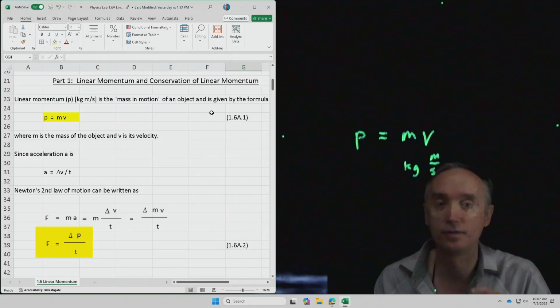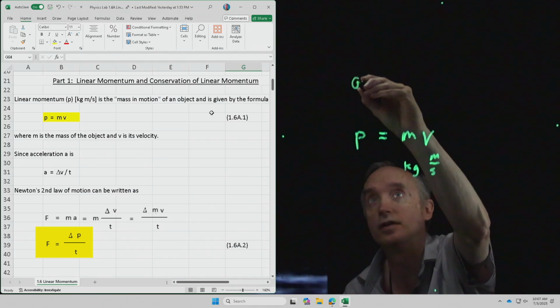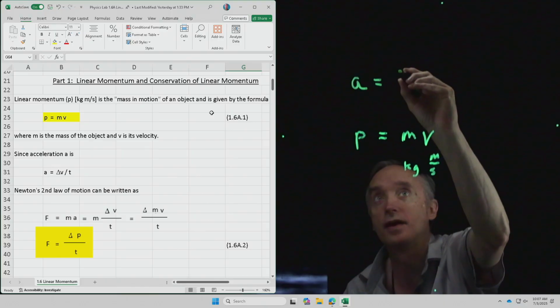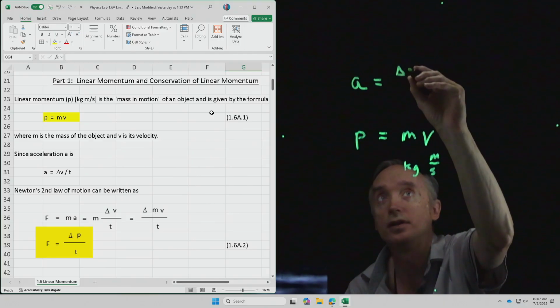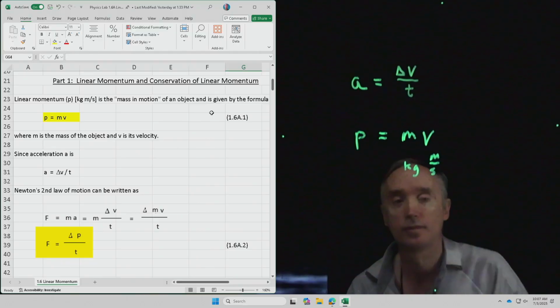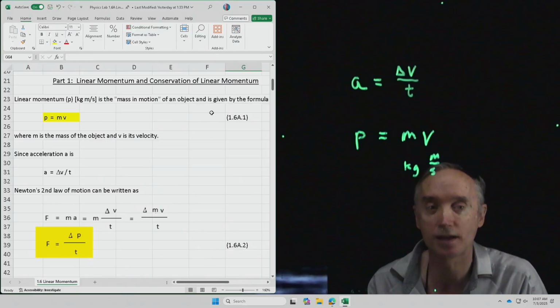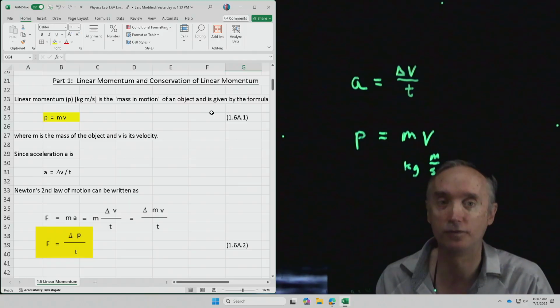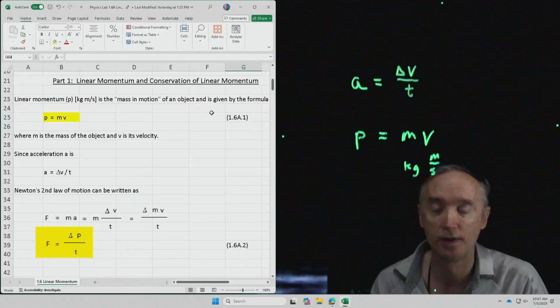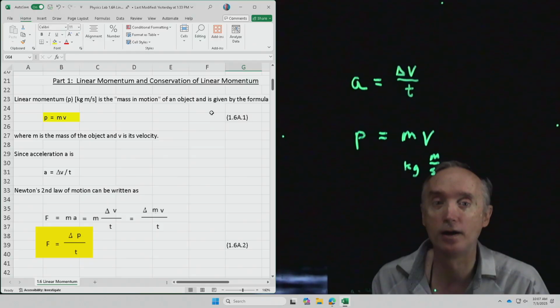Also, this should be a review. What is acceleration? Acceleration is given by the letter a, and that is the change in your speed over time. And we already know that this has units of meters per second squared. That would be the official metric unit for that. And then from last time, you should know about Newton's second law of motion.